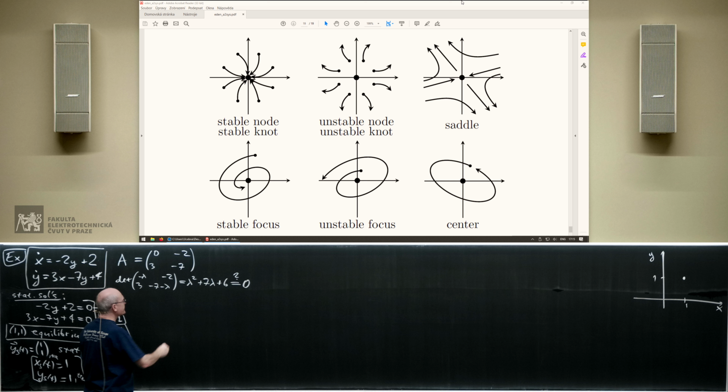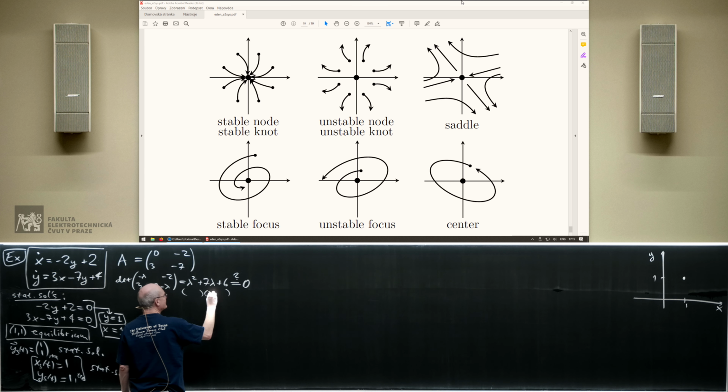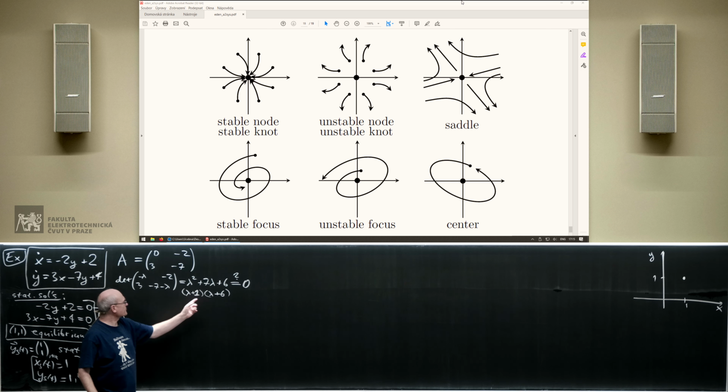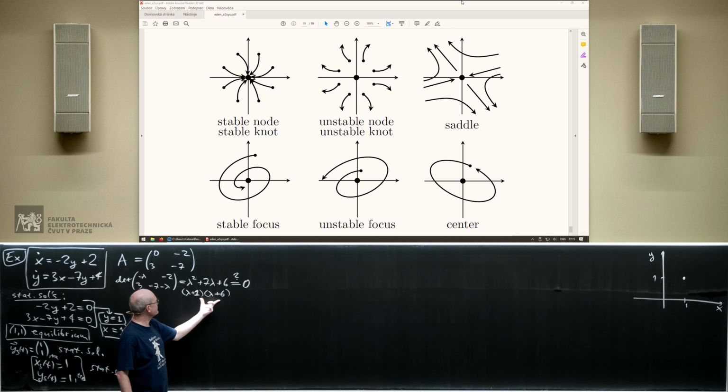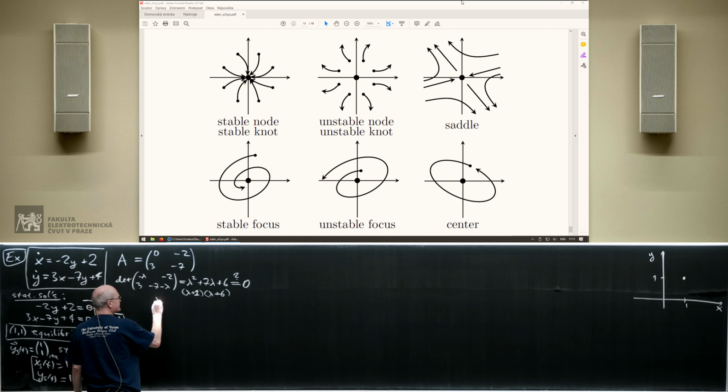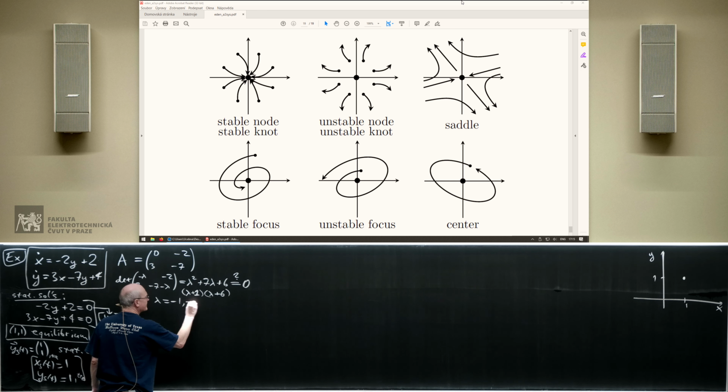Well, let's see, are we lucky? It was either 1, 6 or 2, 3, or perhaps we go to the discriminant formula. 1, 6 does work. 1 times 6 is 6, 1 plus 6 is 7. Yeah? Our lambdas are -1 and -6.